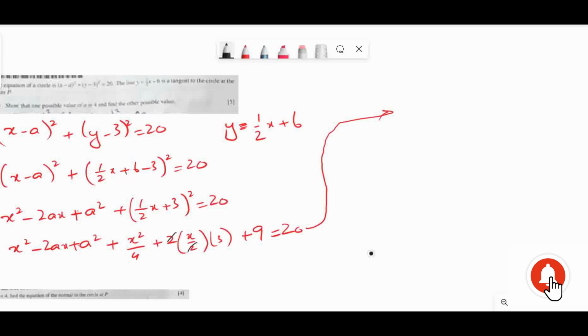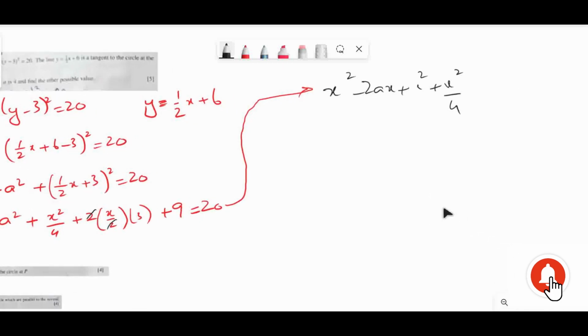So this will be x square minus 2ax plus a square plus x square by 4 plus 3x plus 9 is equal to 20.